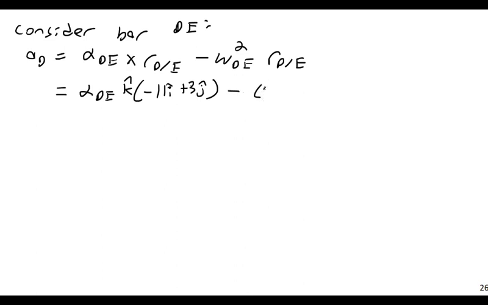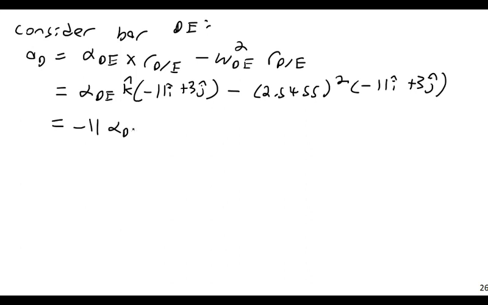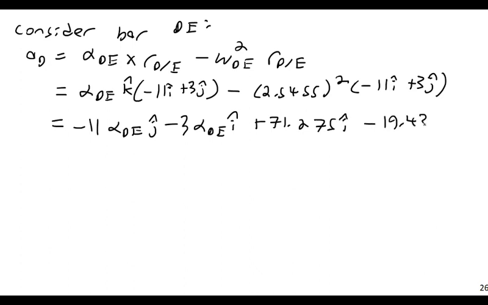Minus 2.5455 squared times negative 11i plus 3j, which is then equal to negative 11 alpha DE times j, minus 3 alpha DE i, plus 71.275i minus 19.439j.